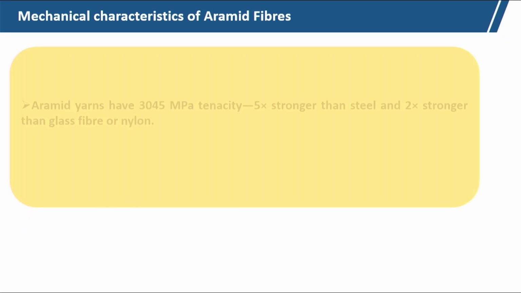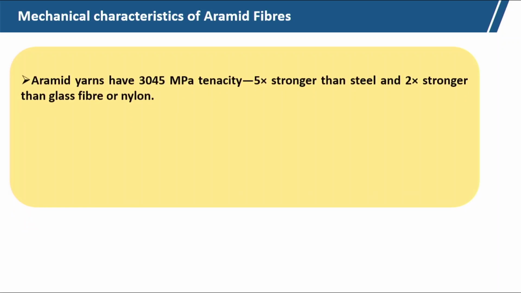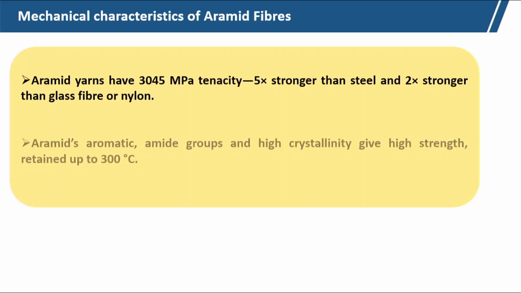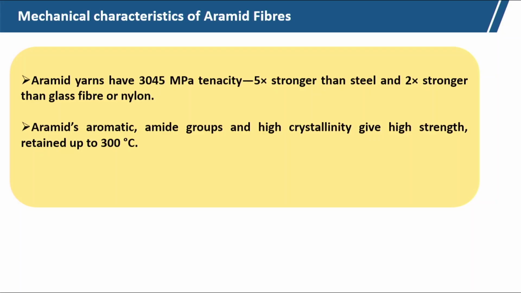The mechanical characteristics: the aramid yarn has high tenacity, 5 times stronger than silk and 2 times stronger than glass fiber or nylon. Aromatic amide groups and high crystallinity give high strength, retained up to 300 degree Celsius.